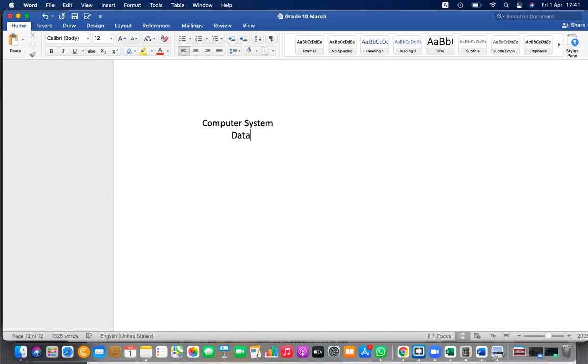Data, within brackets: basic facts about something, someone, or some concept.